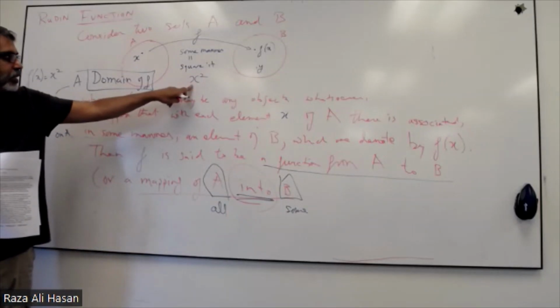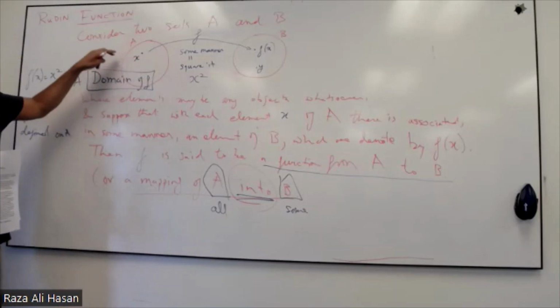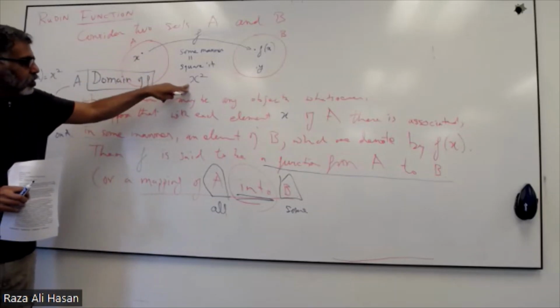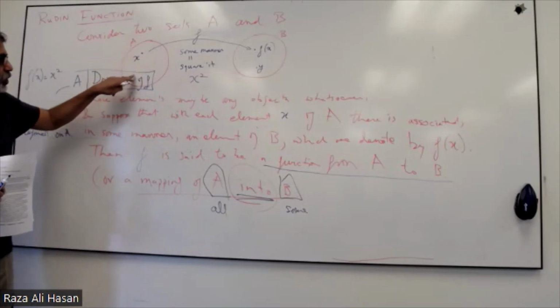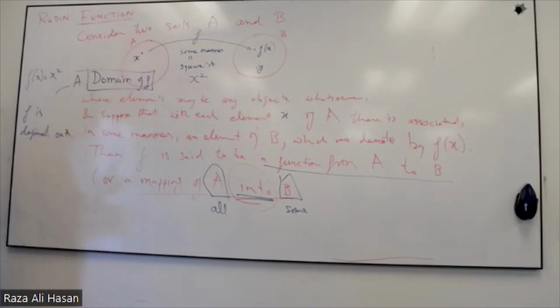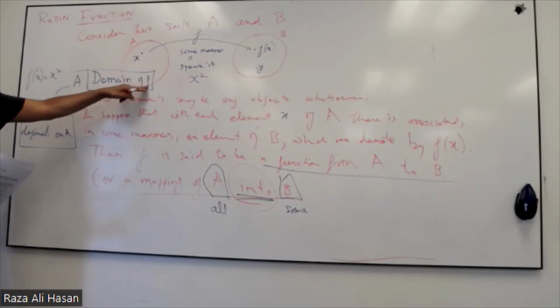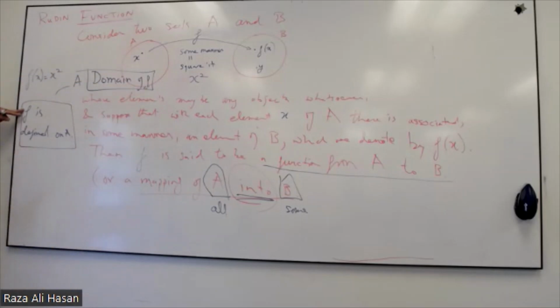This function will take anything from here. In other words, this function of squaring is defined for each element of this set A. So this is the second way of saying that. So what's the first way? That we have a function between A and B, and A is the domain of the function F, or function F is defined on A, same thing.